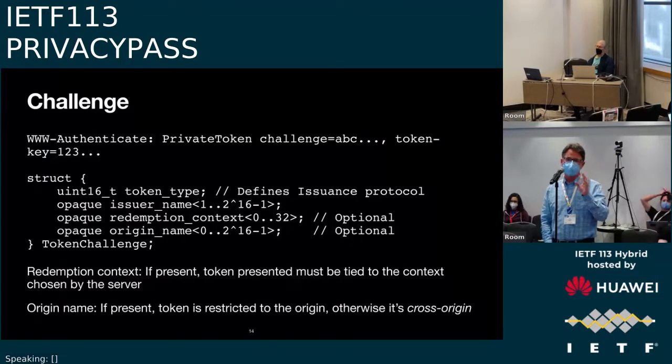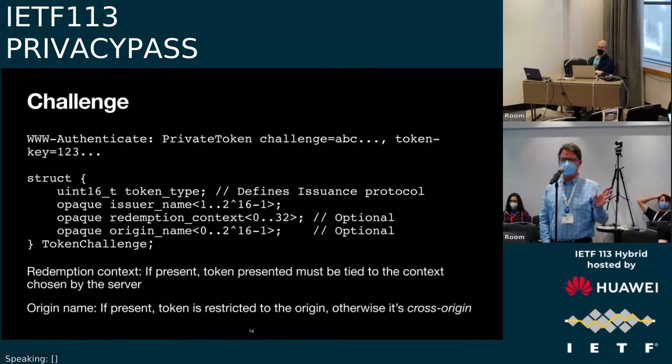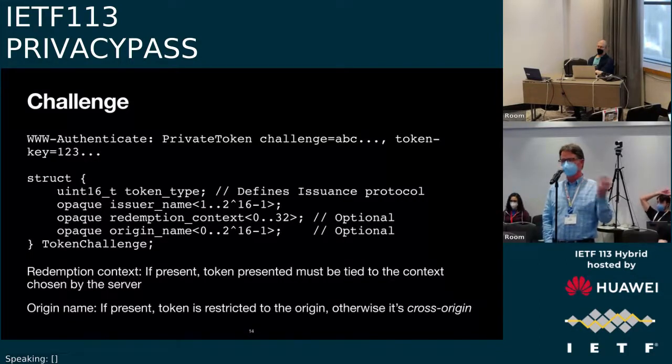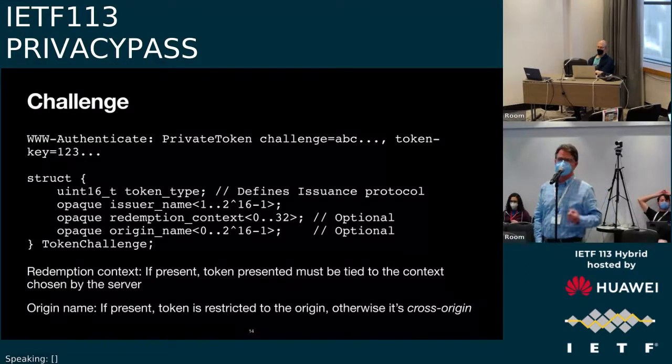So there are some trade-offs here, and a simpler trade-off might actually just be to say opaque origin name can occur multiple times, because then if somebody wants to scope it to a specific set, they don't have to rely on either previous contact by the client, or a try and fail with cross origin that was to the same set of servers, but to different actual redemption contexts. So just a thought.